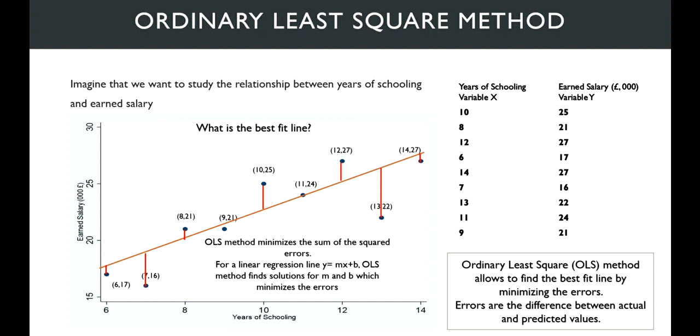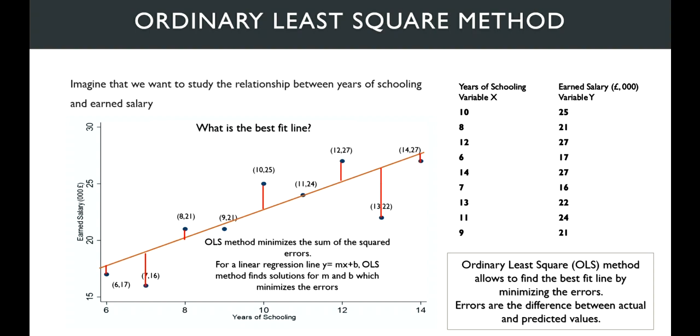Remember that a linear regression line can be represented by the equation y equal to mx plus b. And y is the dependent variable and x is the independent variable, and m and b are the unknown parameters that we have to solve.